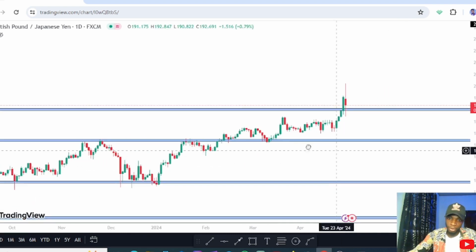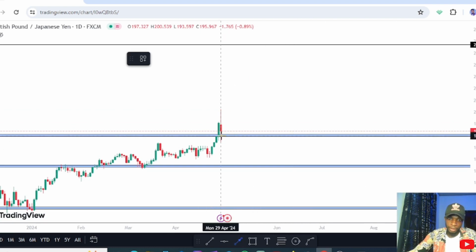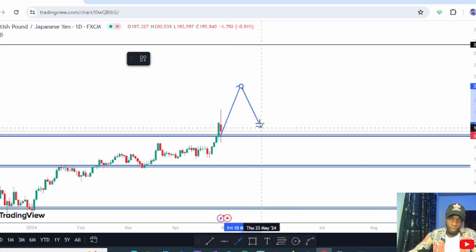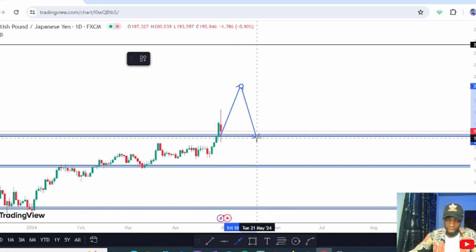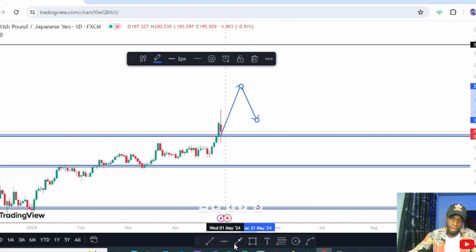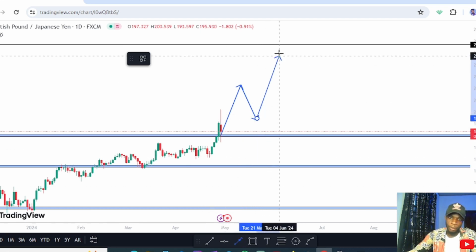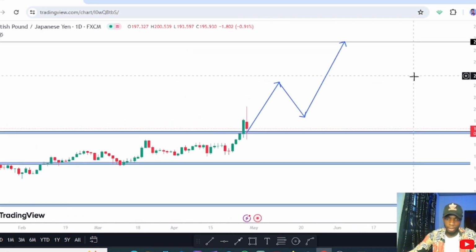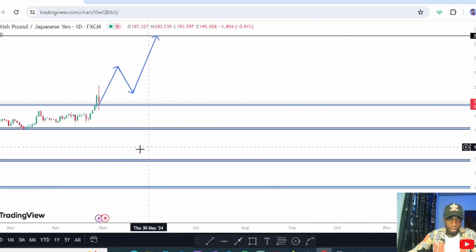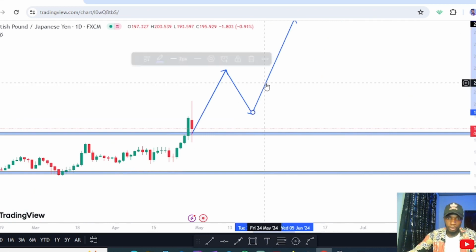We're still very much bullish on the GBP/JPY, so I'm anticipating this pair to move up a bit and of course pull down maybe into a support level, either here or somewhere right about here, and whilst the market is about to go, I can hop on this train to somewhere right about here. So this is what I'm looking out for. It is what it is.